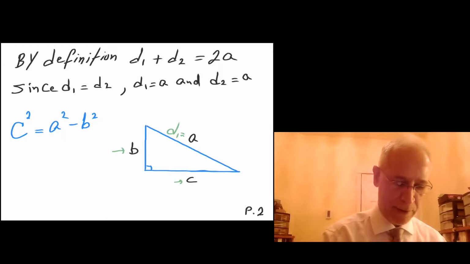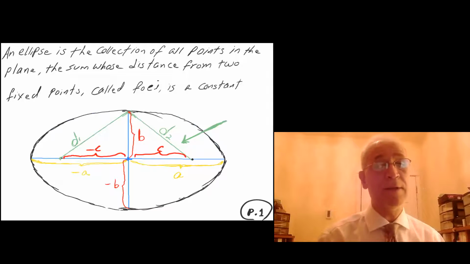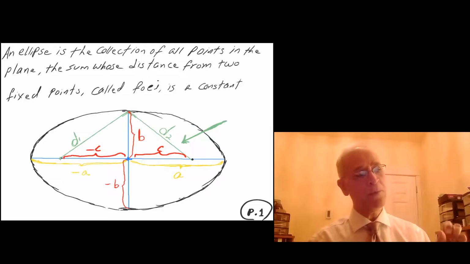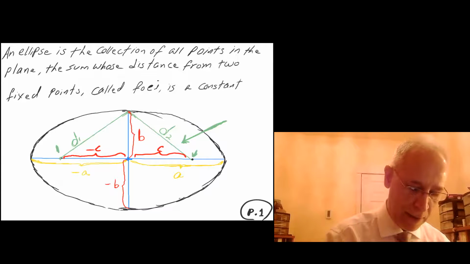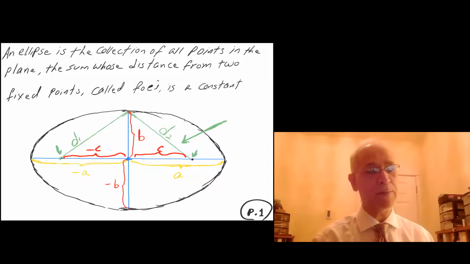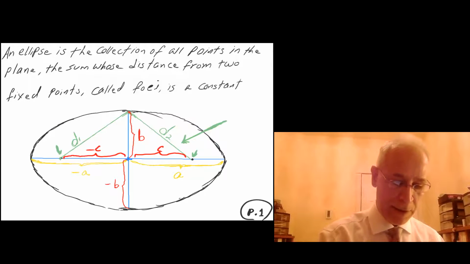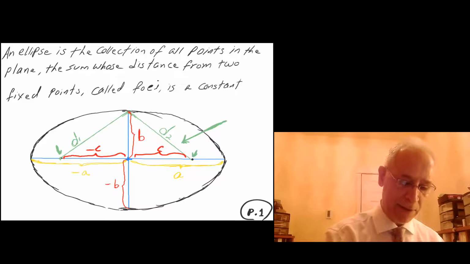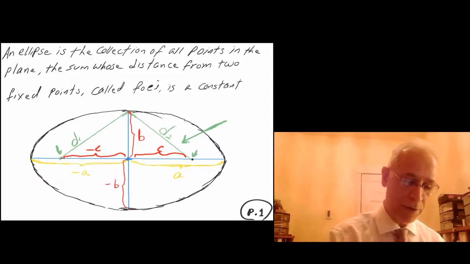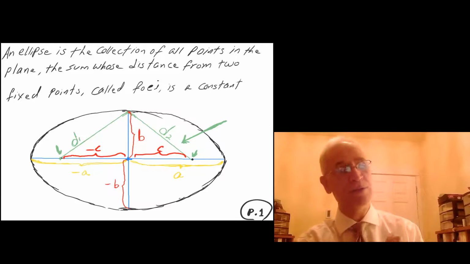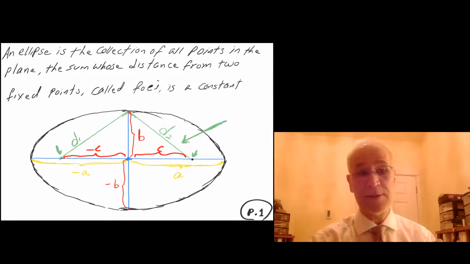Let me go back to the first page. By the definition of an ellipse, suppose these 2 points are nails, and you have dental floss around these 2 nails, and you pull it apart and draw an ellipse, which I hope you got a chance to watch in a previous video that was awesome and wasn't made by me.